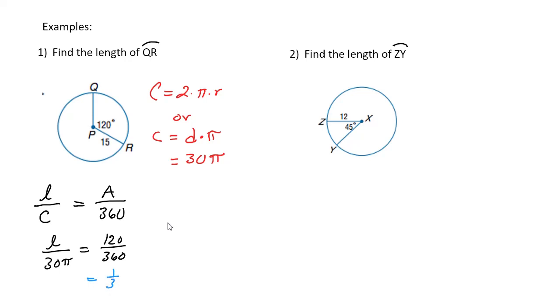What does that mean? 120 is 1/3 of the whole entire circle, which means that the arc length should also be 1/3 of the whole entire circle, meaning 1/3 of the 30 pi.